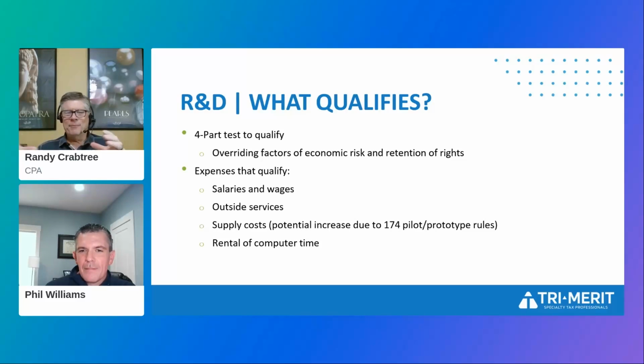For the longest time, we did not have any rental of computer time when we were doing the R&D tax credit calculations. But in the last handful of years, with cloud computing services, AWS and those types of services, we are seeing clients renting that, paying a monthly fee, and using that in R&D projects. And therefore, we are seeing some of those costs come into play with the calculation of the credit.